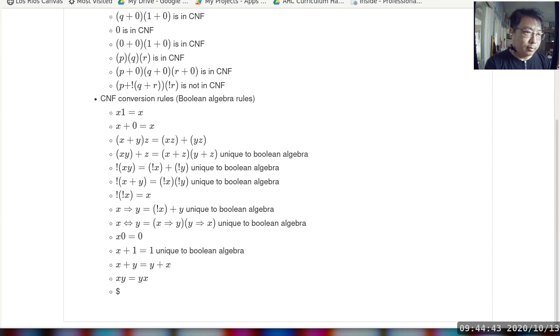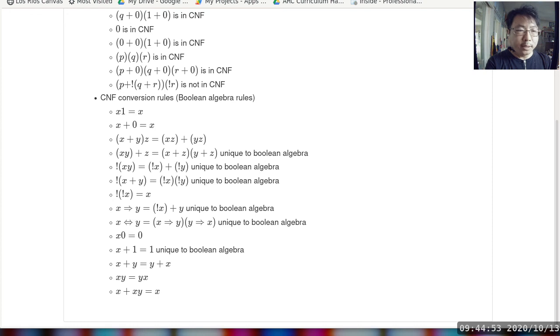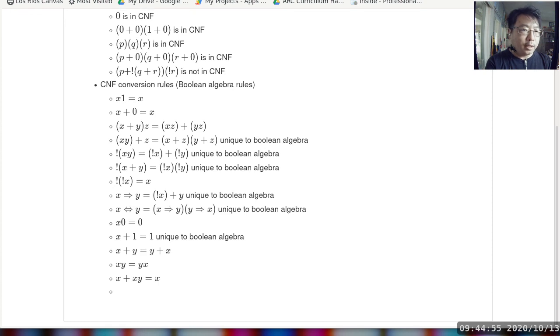Okay, talking about simplification. So another simplification is if you have X or X and Y, that really just boils down to X itself. Okay. And then if you have the other way around, X and X or Y, that really just boils down to X as well.